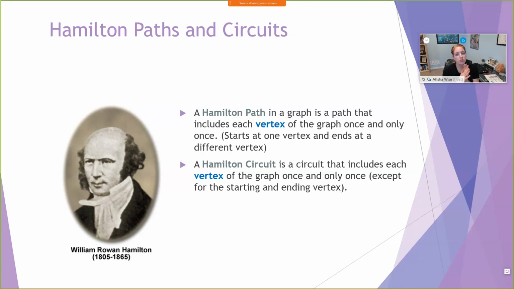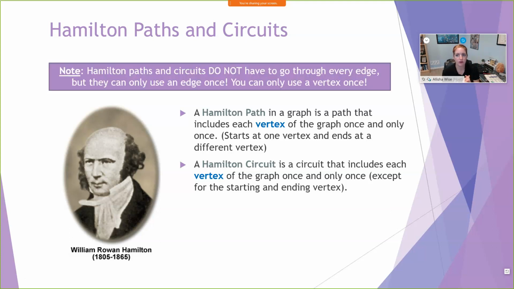When we're talking about Hamilton, think that we are not repeating edges or vertices, whereas in Euler you could repeat vertices. In Hamilton, you're not repeating edges, and you're not repeating those vertices. Okay.